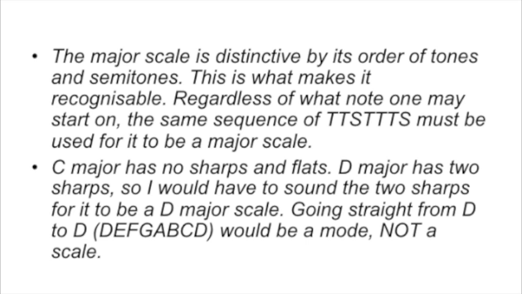So that would qualify as a D major scale. I could not go straight from D to D, as in D, E, F, G, A, B, C, D, because that would not be considered a D major scale, that would be considered a mode. I will cover modes and key signatures in another video.